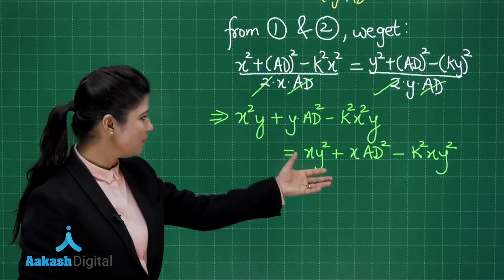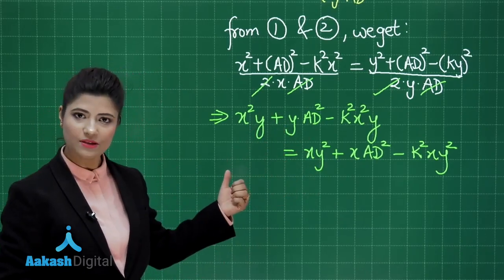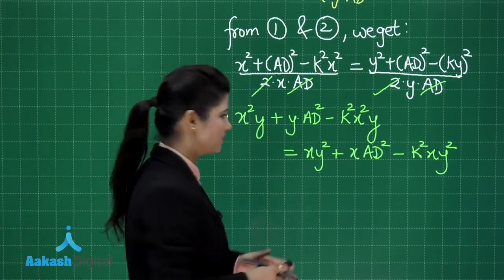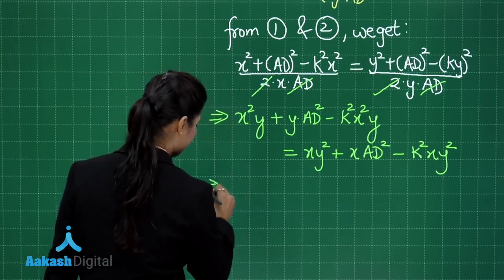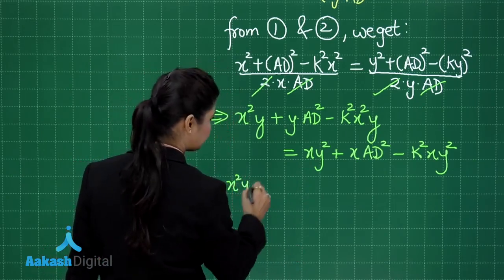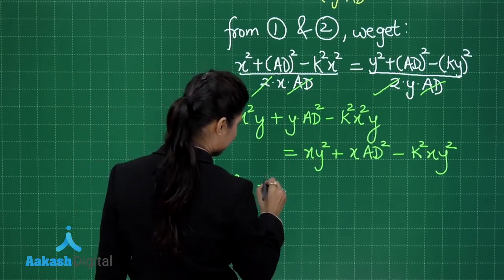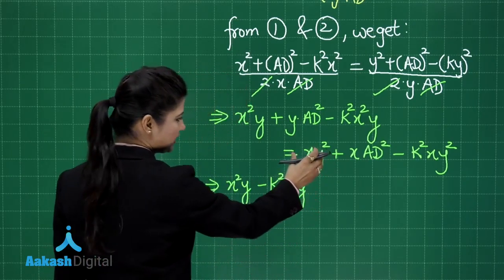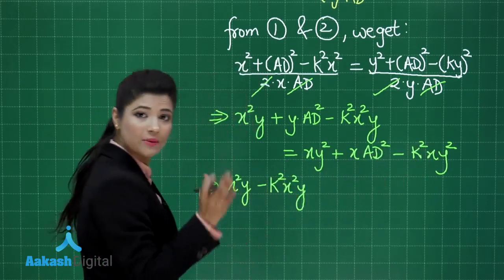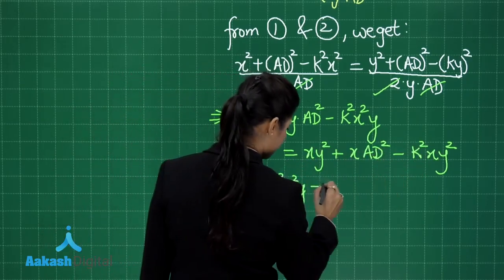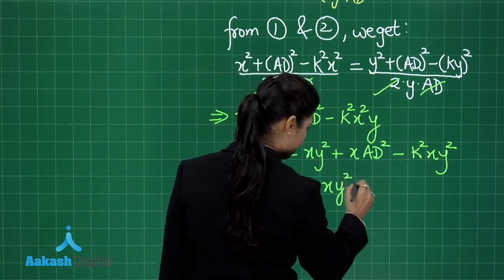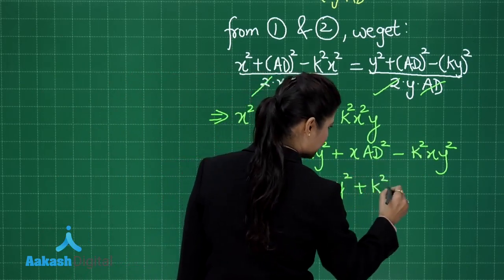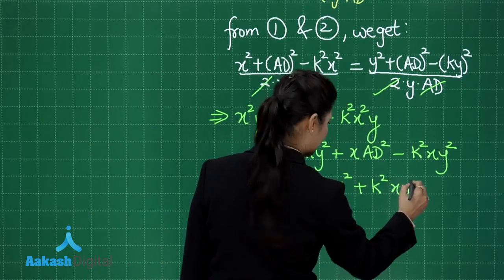So let's club the terms containing AD on one side and the rest of the terms on the other side. We have x square y and minus k square x square y. I'm transposing x y square and k square x y square to the left hand side. This gives me minus x y square plus k square x y square.